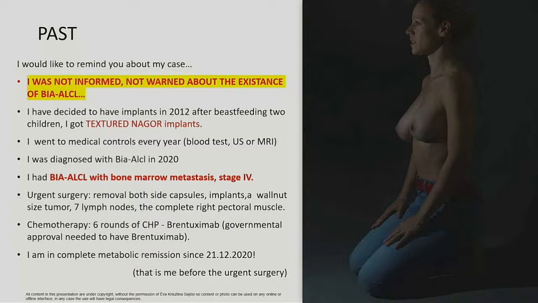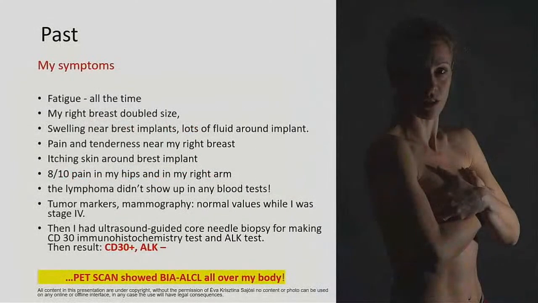So in a couple of weeks, the approval was okay. On the 21st of December 2020, I had a paper saying that I'm in complete metabolic remission. So I was really happy about that. I would like to tell you what I felt when I got BIA-ALCL, but no one knew anything about it.